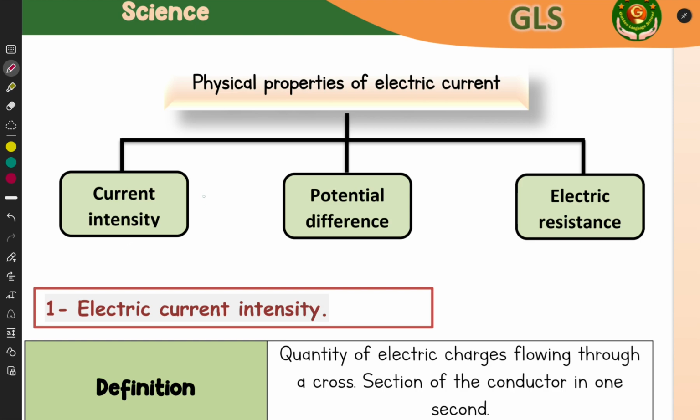Current intensity has the symbol I. Potential difference has the symbol V, and electric resistance has the symbol R. So we have current intensity I, potential difference V, and electric resistance R. These are the symbols we will discuss in our lesson. I, V, and R are the basic concepts in electricity, in physics.